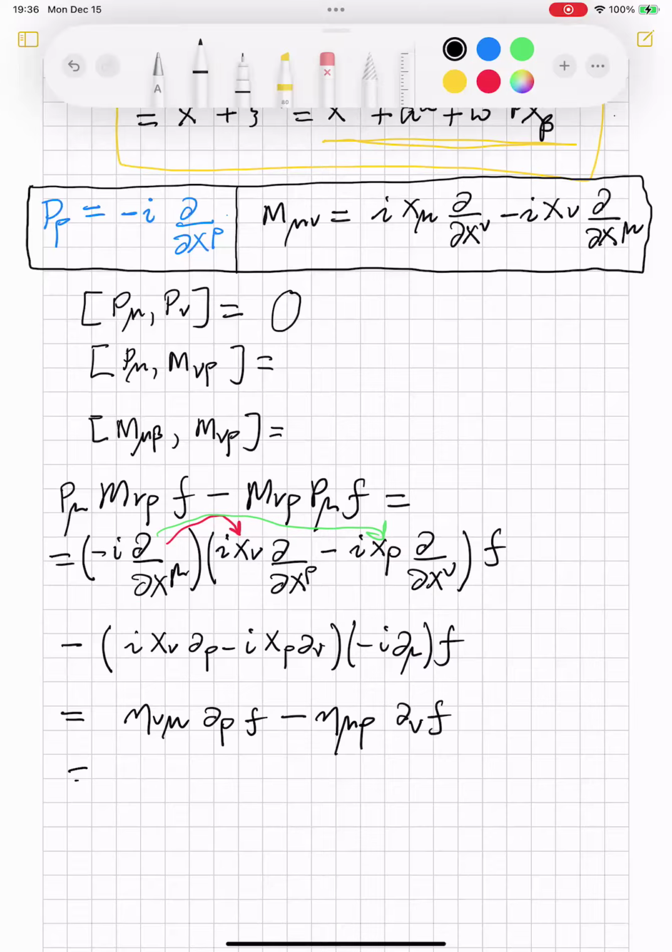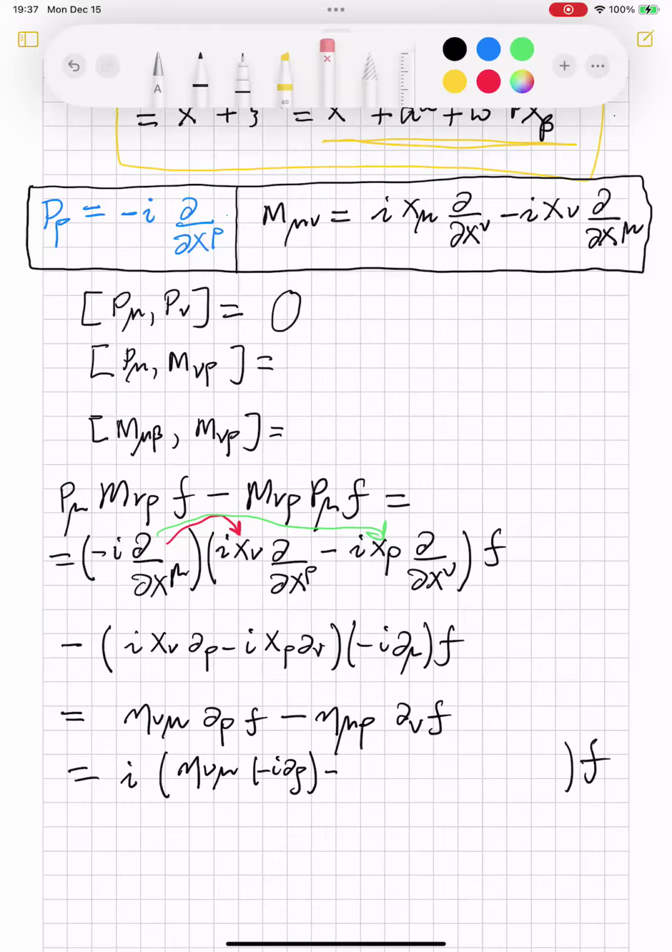And how can we write this? Well, this looks like i times eta nu mu, and then we've got minus i d rho, this will be acting on f. And then we've got, let's say, a minus.